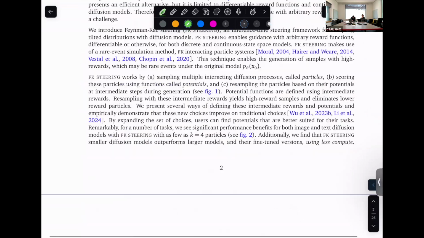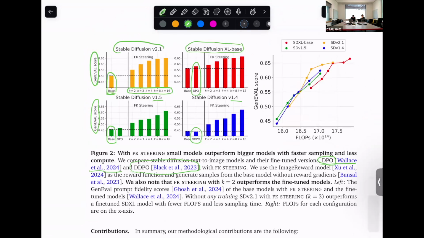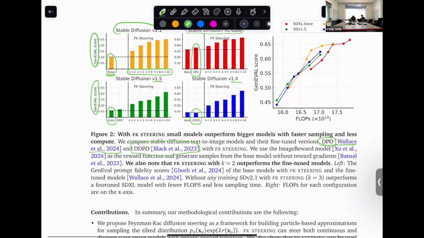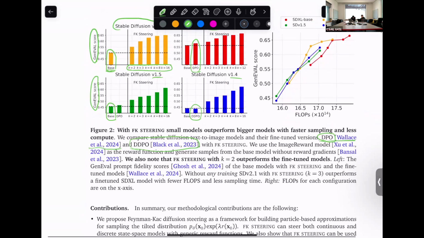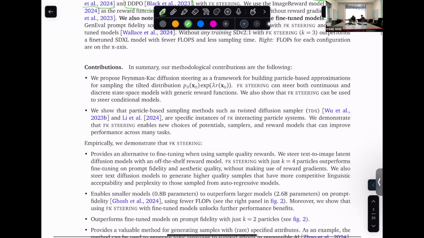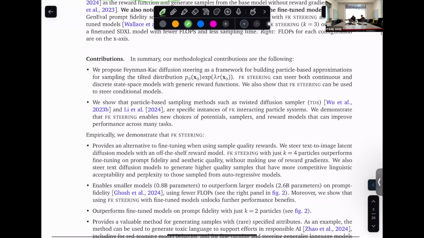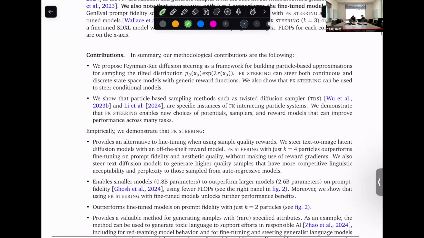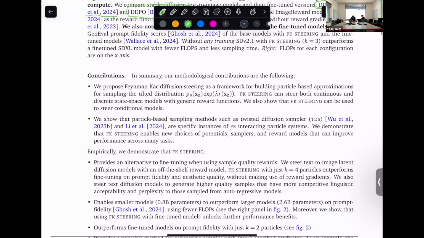They have some pretty exhaustive experimentation in the results section. I don't think there's anything here that shows best of n. But these things scale very well. It seems like you can scale a base stable diffusion model to be competitive with a much larger model by just FK steering.